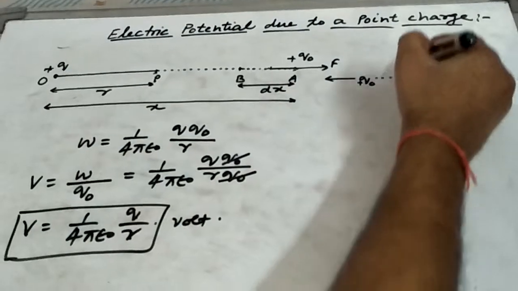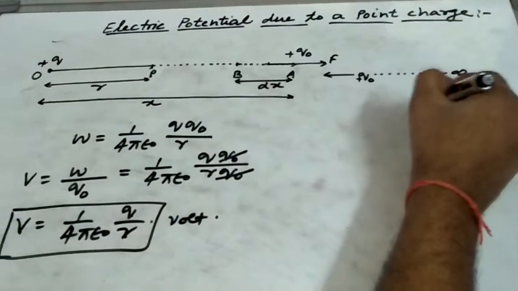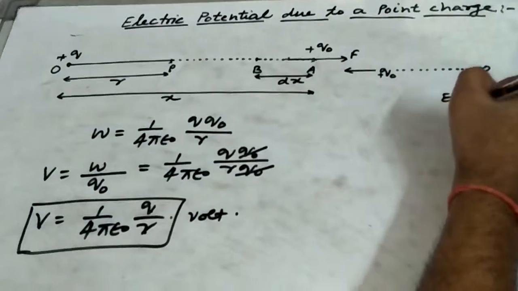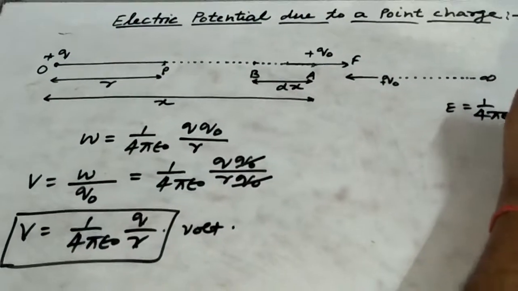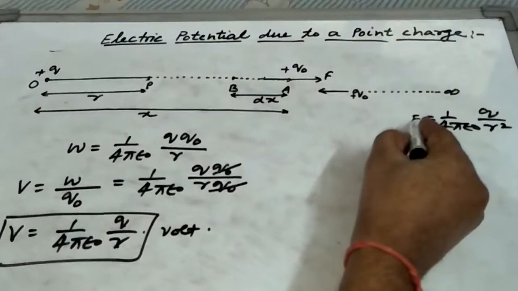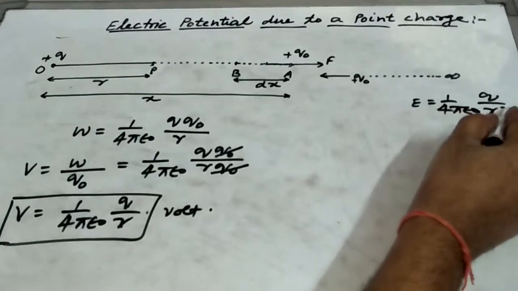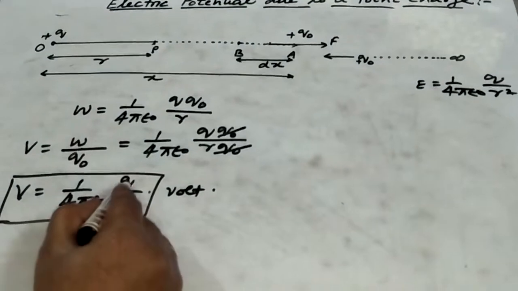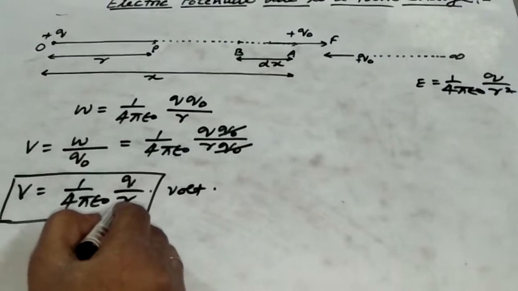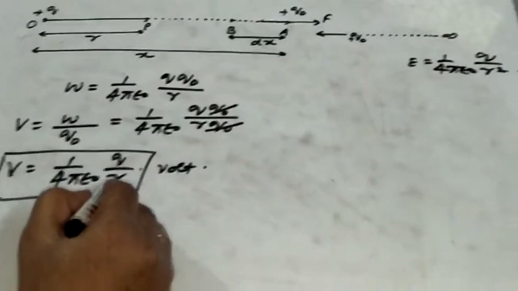When you take electric field due to this point charge at distance R, it is equal to 1 upon 4 pi epsilon naught Q by R square. Here electric field is inversely proportional to the square of the distance, while the electric potential is inversely proportional to only the distance, not square. So here R square and this one is R.